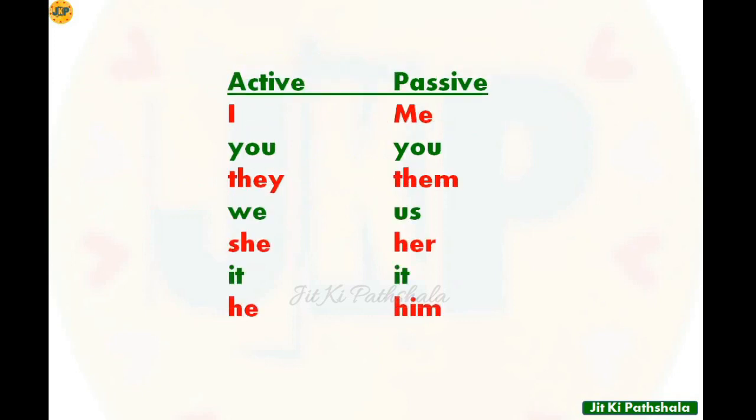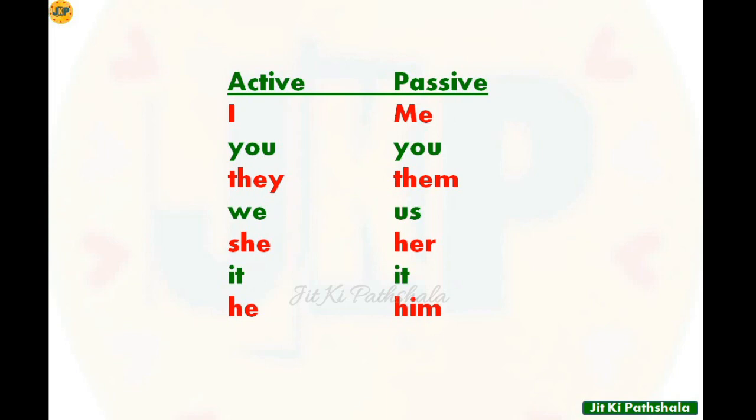Now here we have some of the words. When you change a sentence from active to passive voice, the pronoun also changes. When we change a sentence from active to passive voice, there are some general rules, which I will just explain to you here.